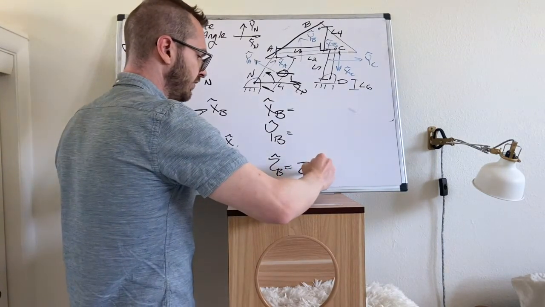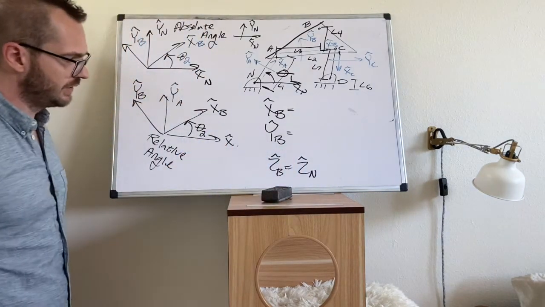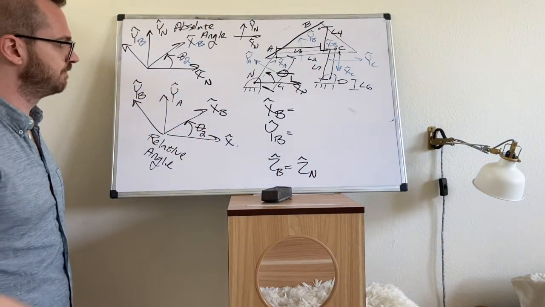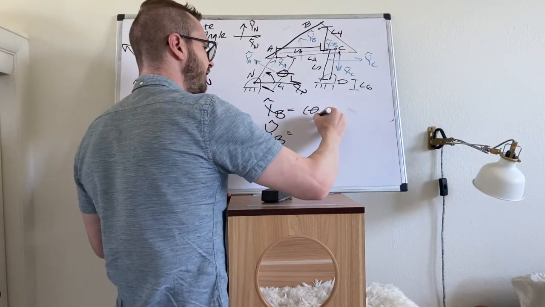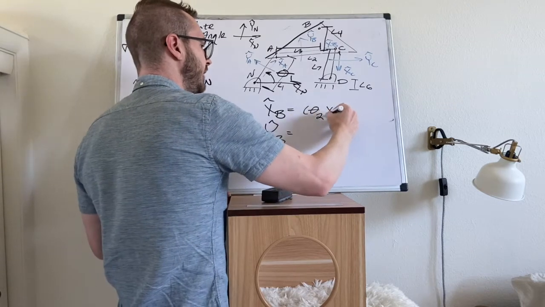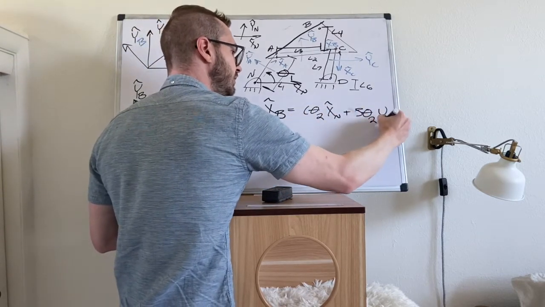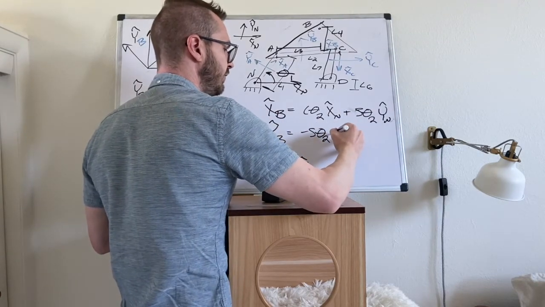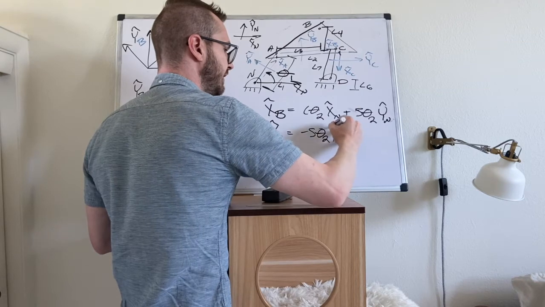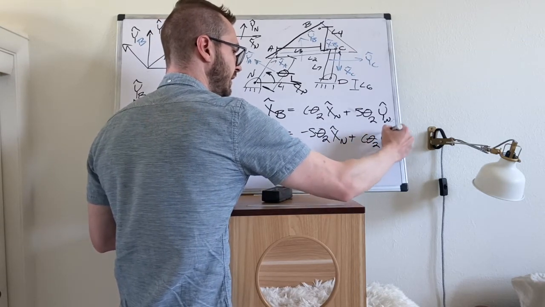ZB equals Zn. Note that we could have also said ZA. And then these trig terms: cosine theta 2 x hat n, sine theta 2 yn; minus sine theta 2 xn, and cosine theta 2 yn.